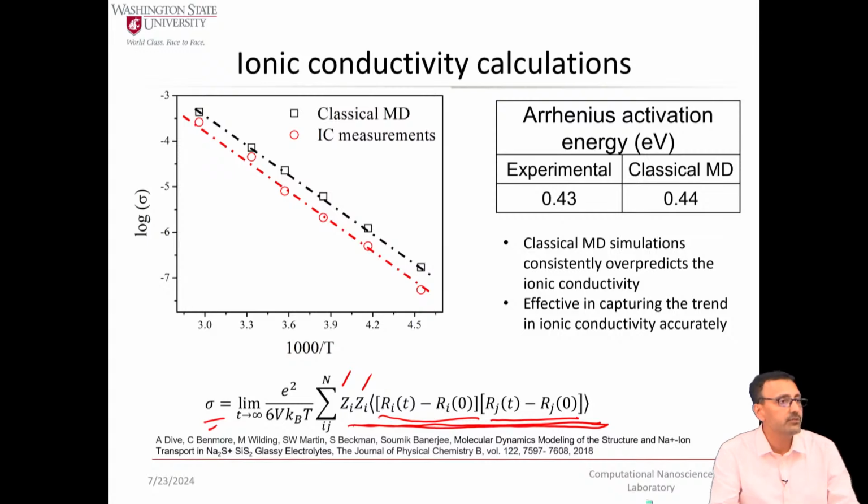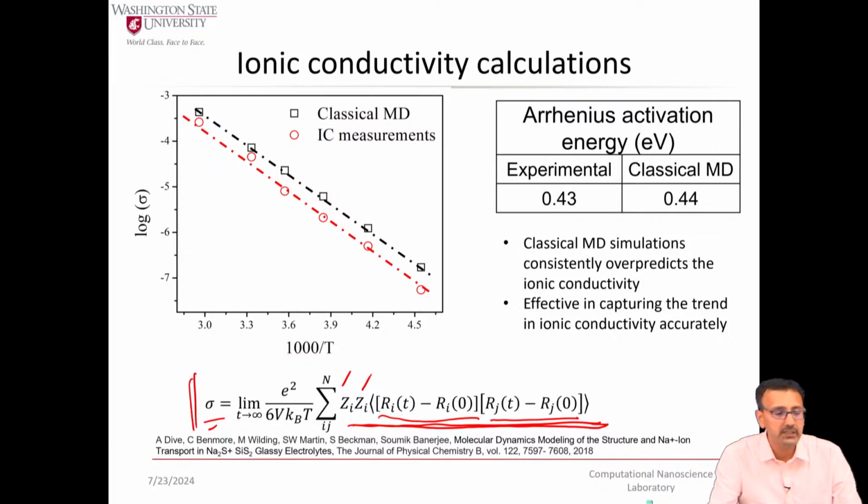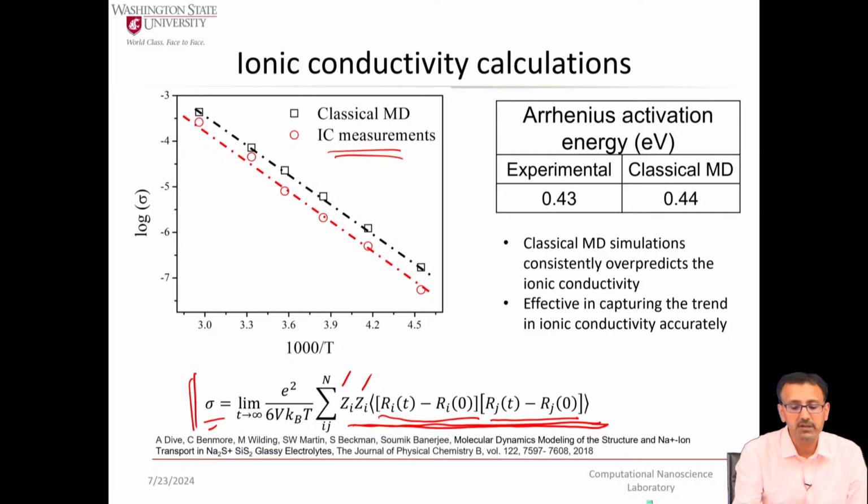It is a little different from the diffusion coefficient based on mean square displacement, where you are only looking at uncorrelated motion for the self diffusion coefficient. Here you capture both correlated and uncorrelated motion of the ions. This is the expression we use for estimating the ionic conductivity of this system, which is plotted here and compared with ionic conductivity measurements. The red circles are measurements and the black squares are calculations.